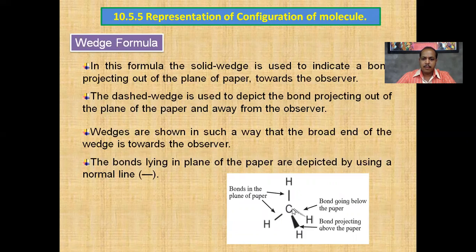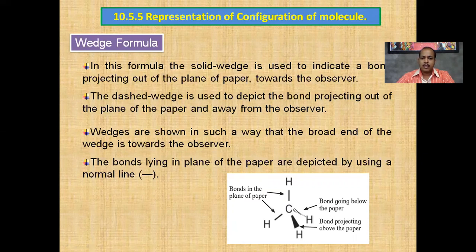Look here, this is the structure of methane. In this methane, a bond between carbon and H shown by a single line indicates that they are present on the plane of paper. The bond having a solid wedge between carbon and hydrogen shows that the bond is projecting above the paper towards the observer, while the dashed wedge shows that the bond is going below the paper.